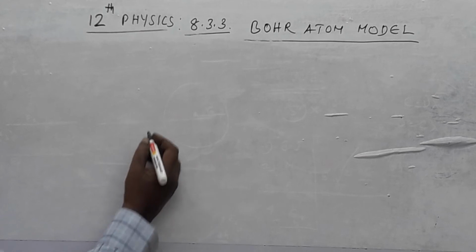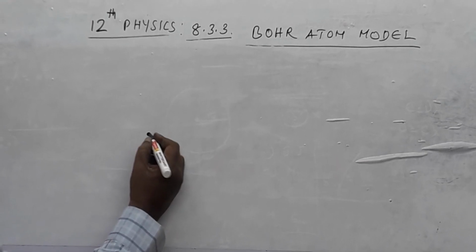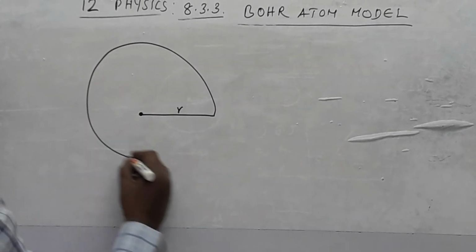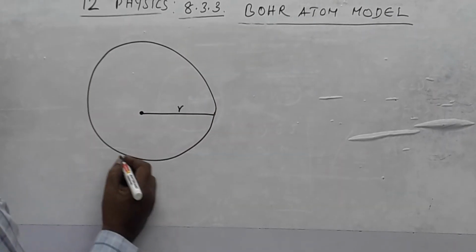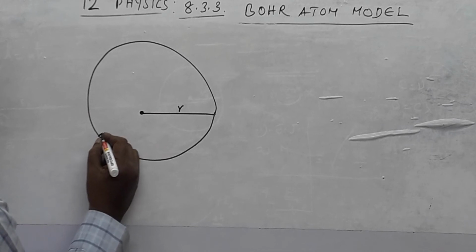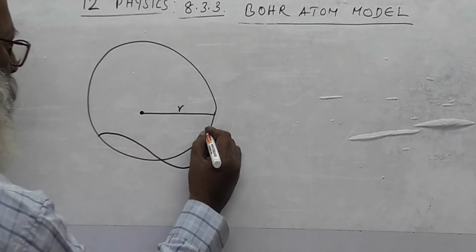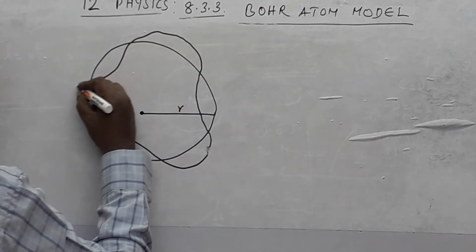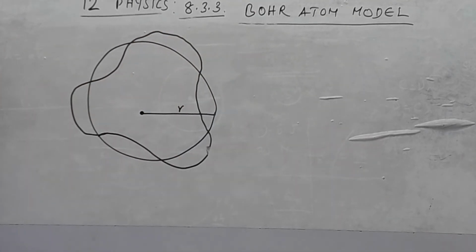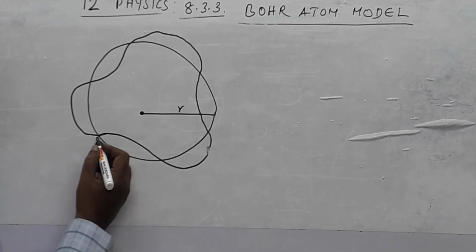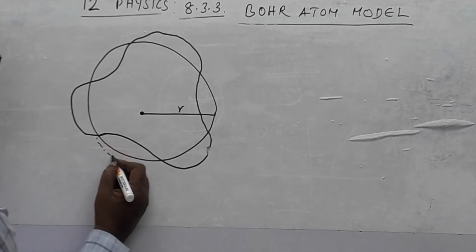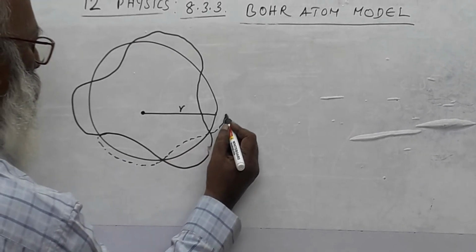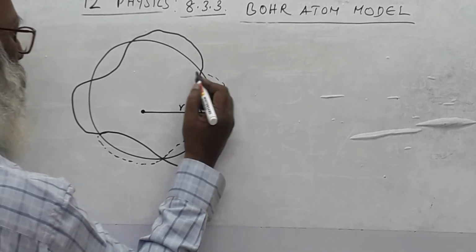Now we have to consider an orbit with a radius r. Consider an orbit like this, and then draw a curvature like here, and another dotted curvature like this.